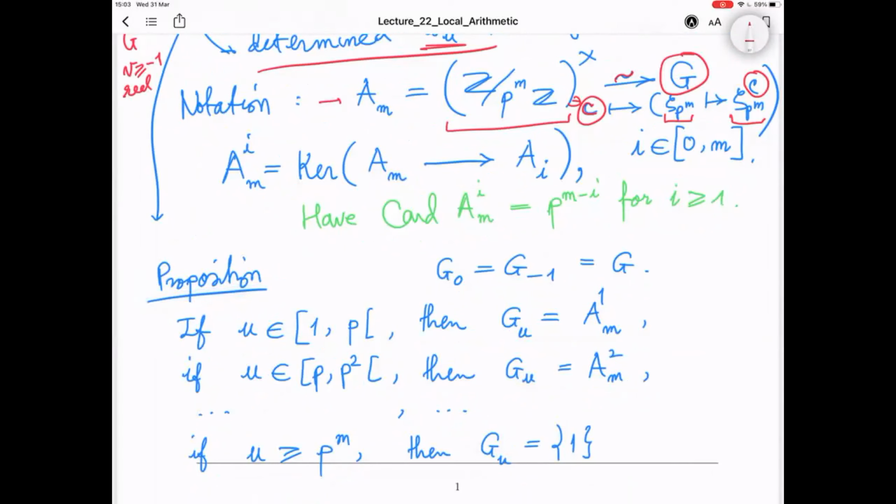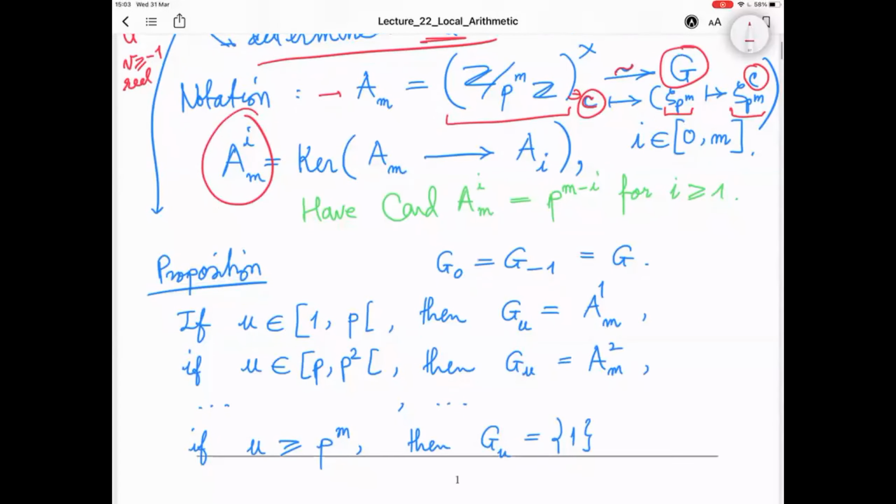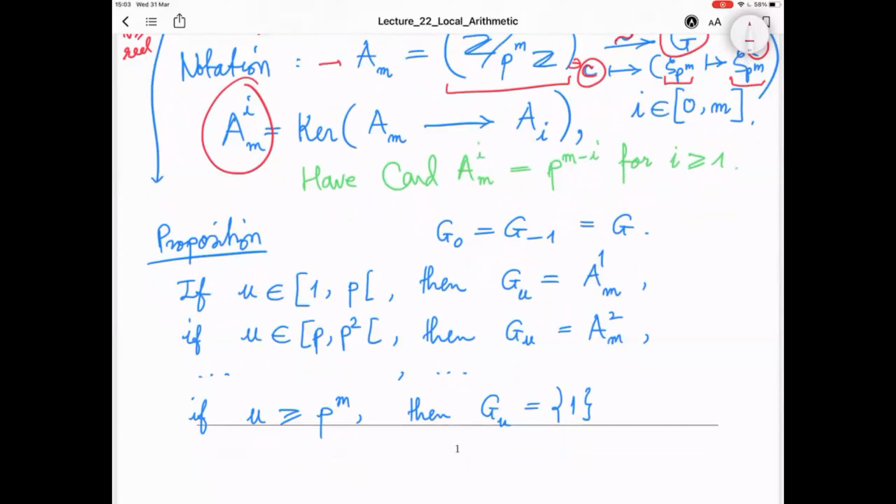And let me define A_m^i to be the kernel of the map from A_m to A_i. Concretely, it's a map from (Z/p^mZ)^* to (Z/p^iZ)^*, where i is between 0 and m.